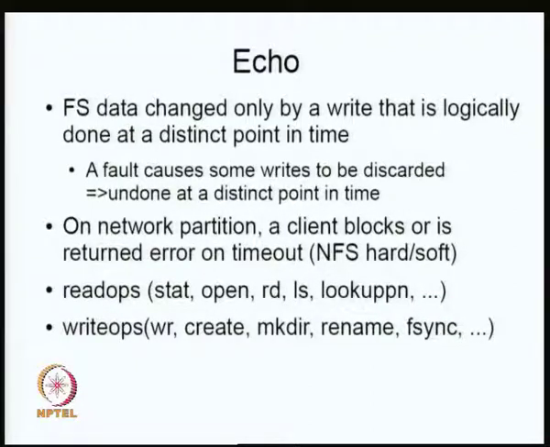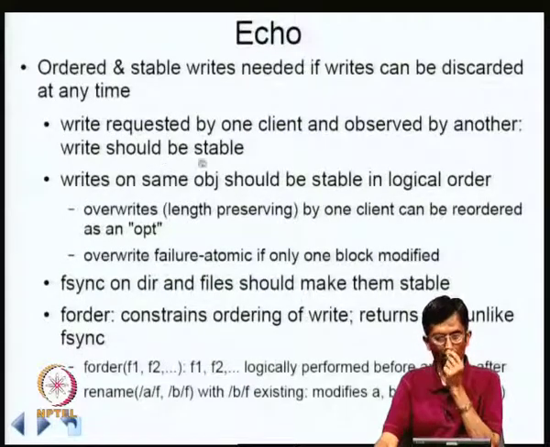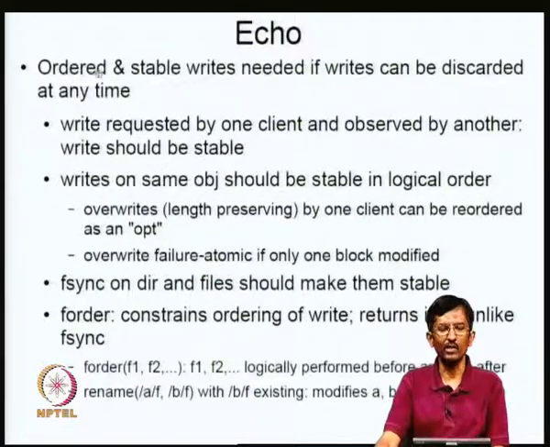It should not look as though time has moved backward for some operations, that is, some things are undone but something has moved forward. Okay. Those kinds of inconsistency should not happen. Okay. So, that is why I need to do ordering and ensure that a consistent way of flushing writes to stable storage has to happen. Okay.